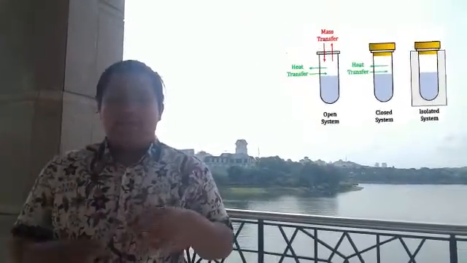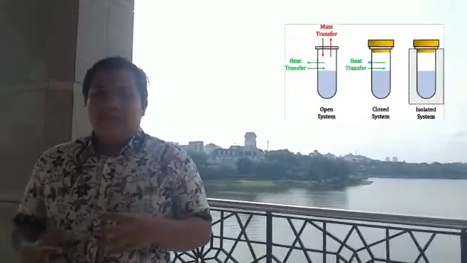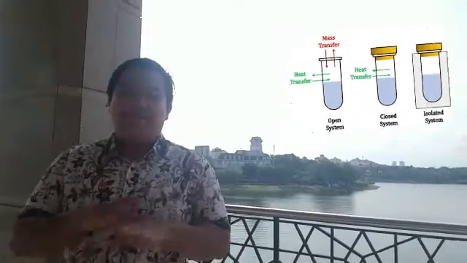The second one is open system: mass may enter and leave, and the energy will also be transmitted or leave. The third one is isolated system, in which no energy will be transmitted in any form.